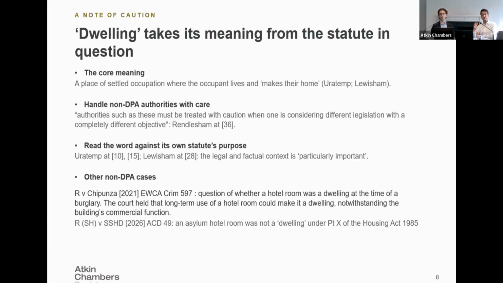And as I mentioned, that's a different temporal assessment to the DPA, where you're looking backwards in time to the design and construction phases. What was actually going to be built? Was that going to be in connection with the provision of a dwelling? Should the architect, engineer, D&B contractor have had in their minds that they may have owed a DPA duty?